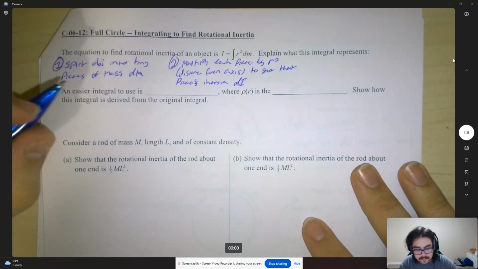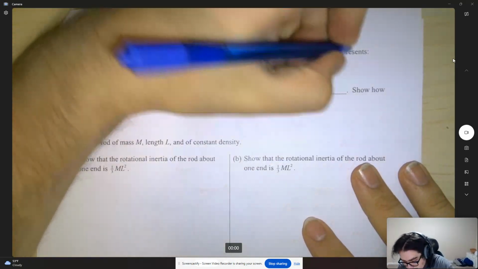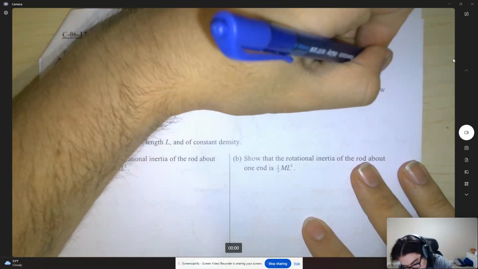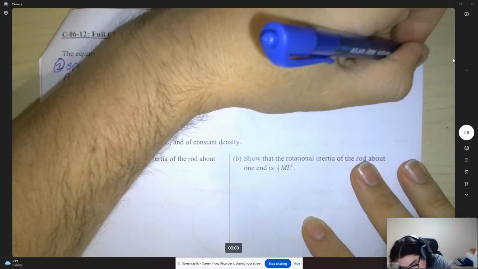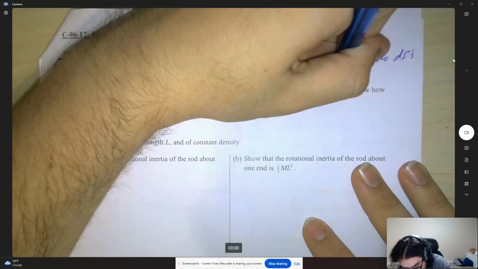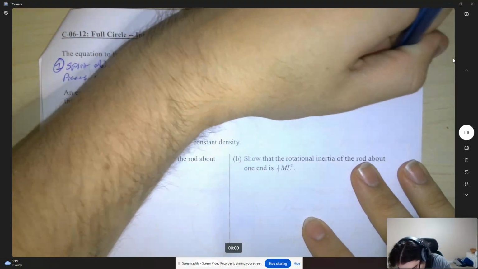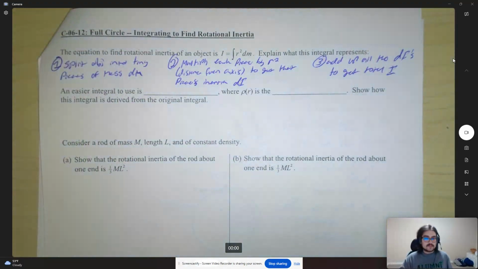And then the third step is to add up all the dI's to get the total I. So that's what you're doing.